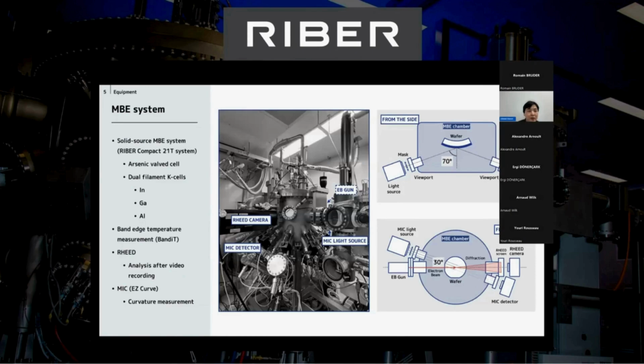Okay, this is our MBE system. We use the Riber Compact 21T system, and we use an arsenic valved cell, the Veeco 500, and dual filament K cells. ABN and ABI cells were used for group 3 materials, and a bandit temperature measurement system and RHEED were used, and also EasyCurve was used.